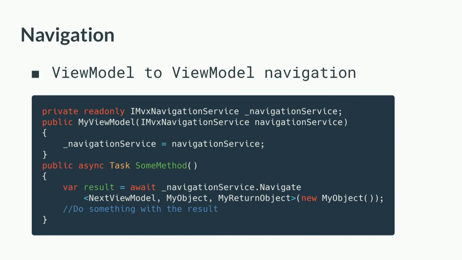So you've got your view model. You inject the navigation service, which MvvmCross provides for you. And what you want to do a lot of the times, at least that's what I want to do, is pass on some sort of object to my next view model, which will open up a next view, of course. And when I close that view model, I want to return something back.